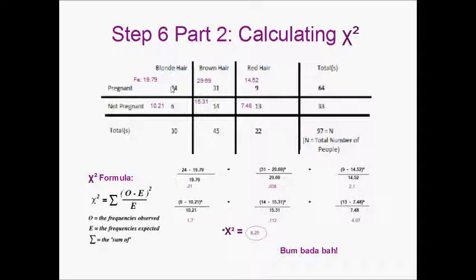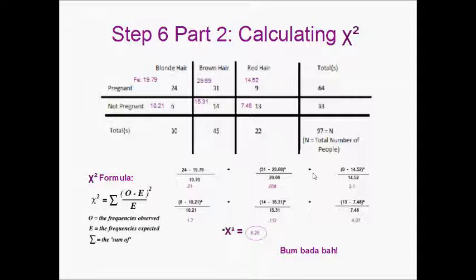Well, we take the observed for each cell, so 24, minus its expected frequency, which is 19.79, and divide it by its expected 19.79. It gives us 0.21. We add together each of these for each cell. So we take 31, the original statistic, minus 29.69 squared divided by 29.69 for brown hair pregnant, and we get 0.058.